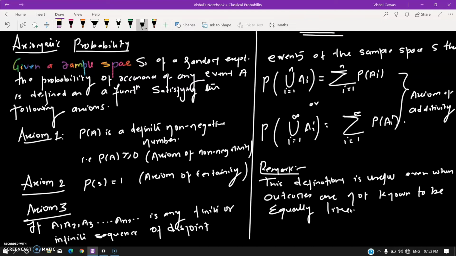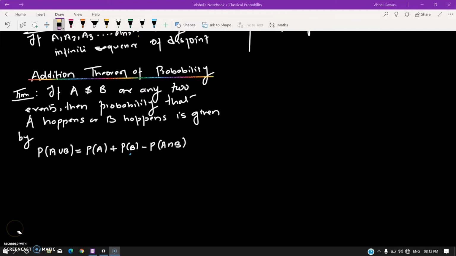Next up, let's look at the addition theorem of probability.